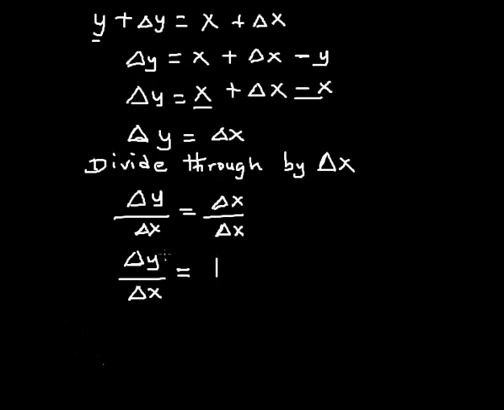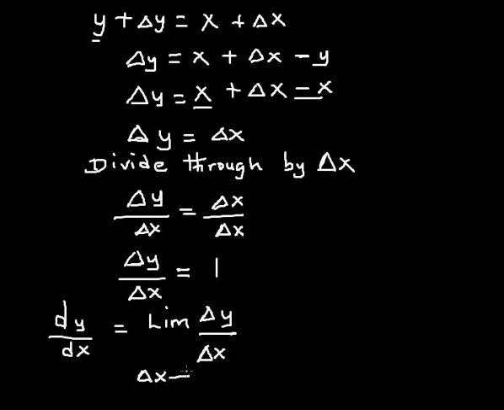From the gradient, I can get my dy dx. Remember, my dy dx is always equal to the limit of my gradient, delta y all over delta x, as delta x approaches 0. So what does that mean?